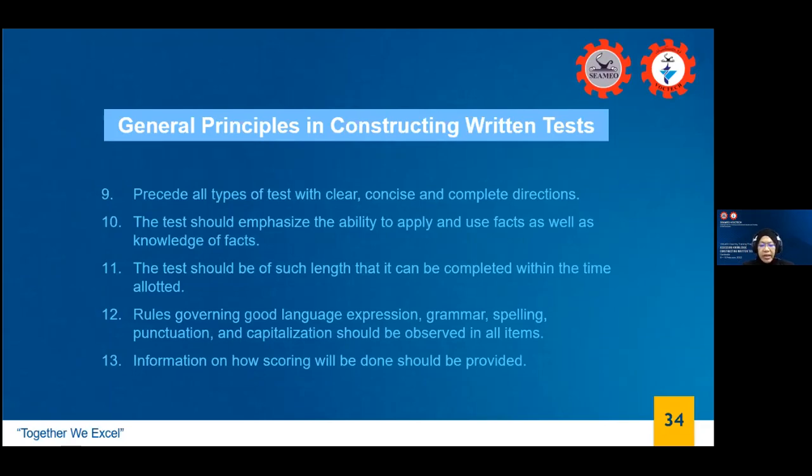So all these things will be clearly stated in your test instruction. So students are aware as to how much is the weight per question item, how much is the weight of the total test. Is that clear, everyone?